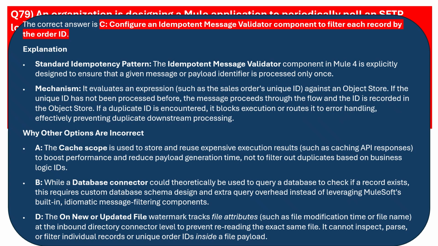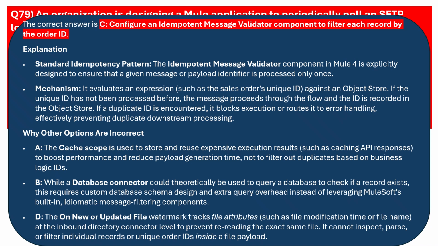The correct answer is C. Configure an Idempotent message validator component to filter each record by the order ID. Explanation. Standard idempotency pattern. The Idempotent message validator component in Mule 4 is explicitly designed to ensure that a given message or payload identifier is processed only once.